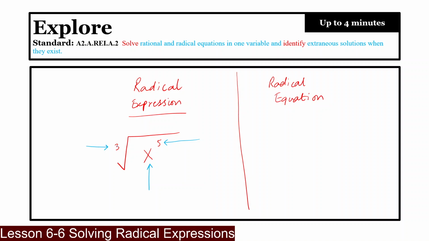This little 3 on the left side is called the index. The 5 is the power of whatever is inside. What is the inside called? The inside is called the radicand. So this 5 is the power of the radicand.